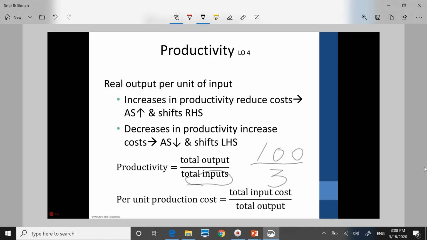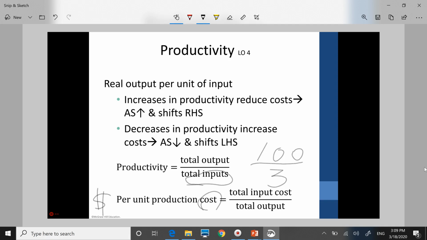It is a number. There's no dollar signs. It's like how many units each input is able to produce within a certain amount of time. While per unit production cost, you would think there's a dollar sign. That means for each unit of production, how much it costs me to produce.